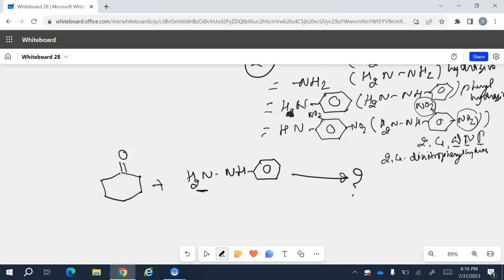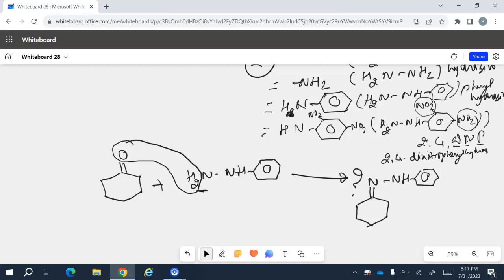Just focus on NH2, and the water molecule condensation reaction happens, and the water molecule is lost, and you draw this 6-member ring, double bond N, and the other remaining part is as it is. So this is like a derivative, a phenylhydrazone. So this is how you get the product.